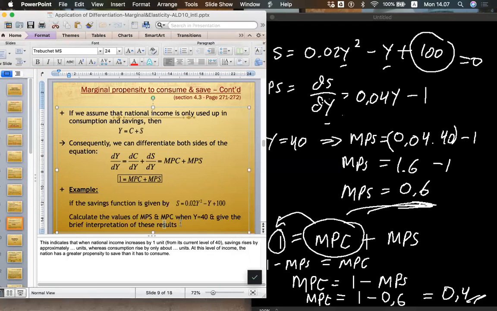So, calculate the value of MPS and MPC. MPS is 0.6, while the MPC, marginal propensity to consume, is 0.4.